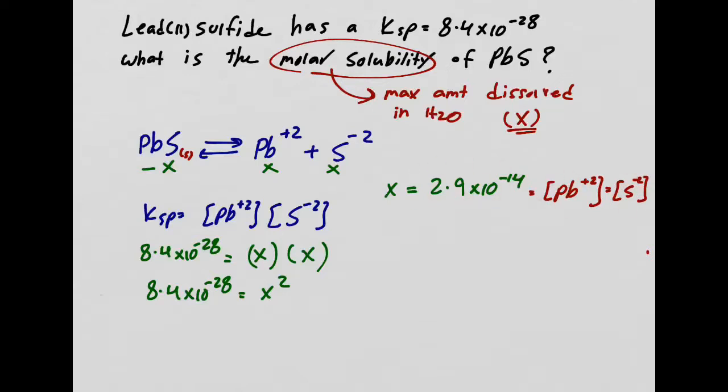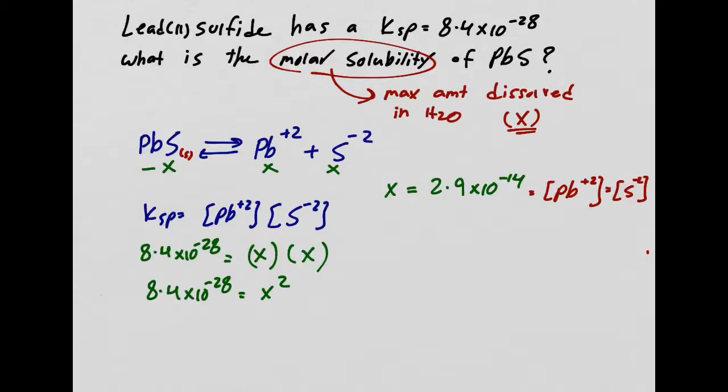This is its max that dissolved in 1 liter of water. Okay, I'm going to explain this again. It's the first problem. I want you to really understand this. So the molar solubility of lead 2 sulfide is 2.9 times 10 to the minus 14. This means that only 2.9 times 10 to the minus 14 moles of PbS can dissolve in a liter of water.